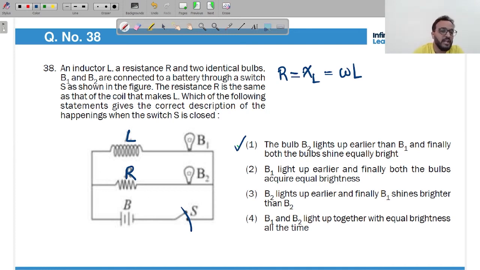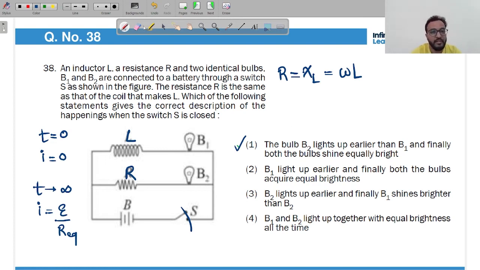See, the thing is, when you start, initially at t equals 0, you should remember that current through the inductor is always 0. But after steady state has been achieved, I becomes maximum, EMF upon R. This is a direct current circuit, so this concept will not be used.